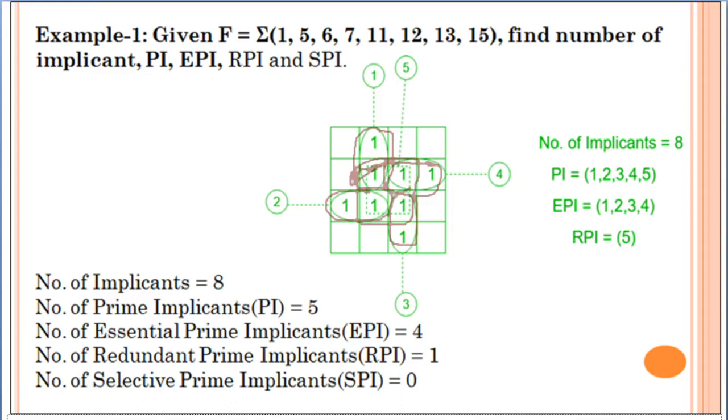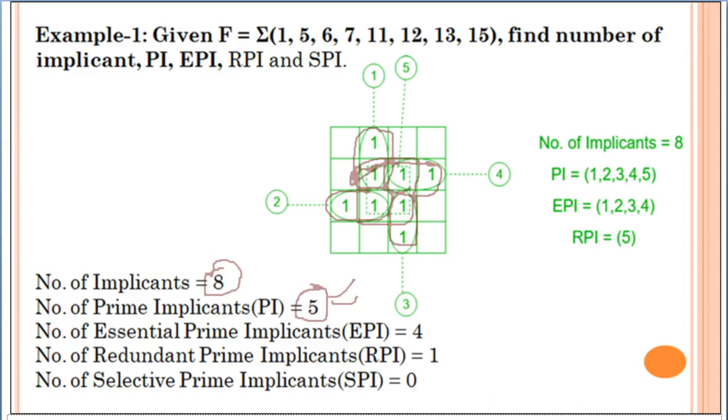That means we have total 5 groups, and these 5 groups are our prime implicants. Obviously, we have 8 min terms associated with this function, so the total implicants will be 8, and after grouping we have 5 prime implicants.